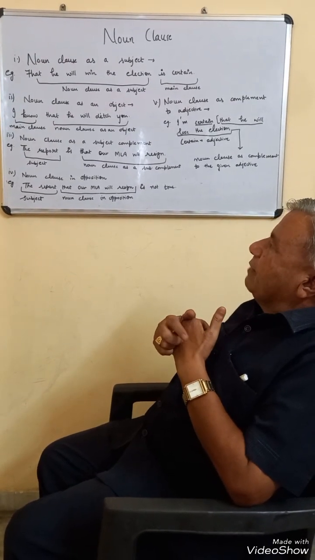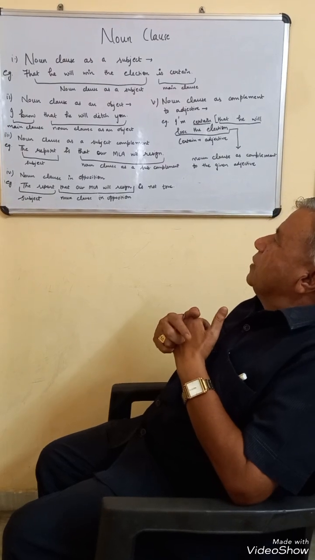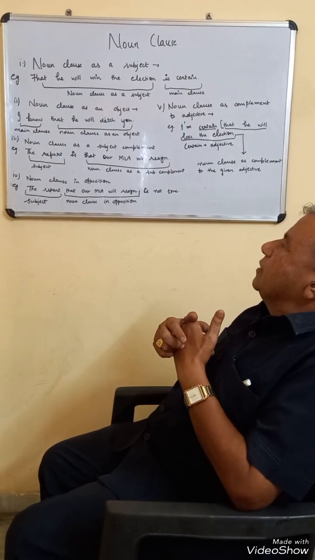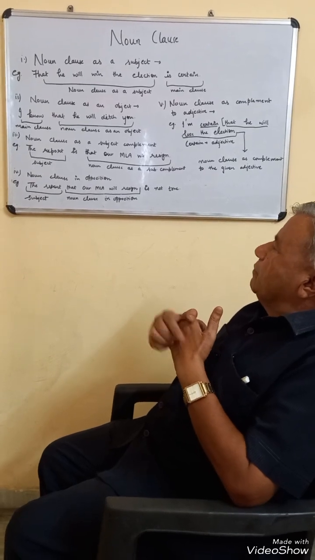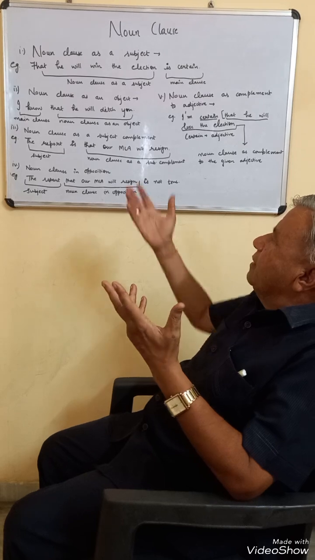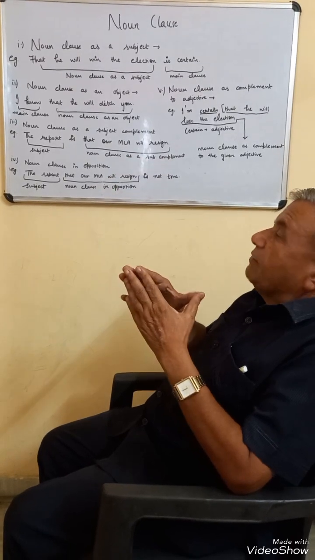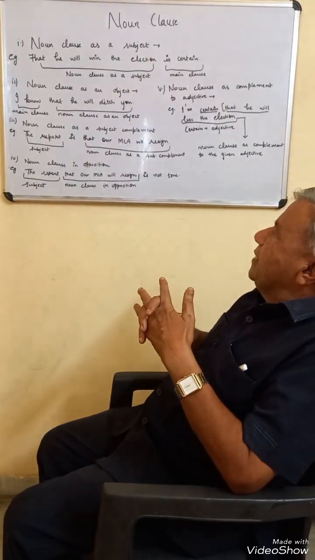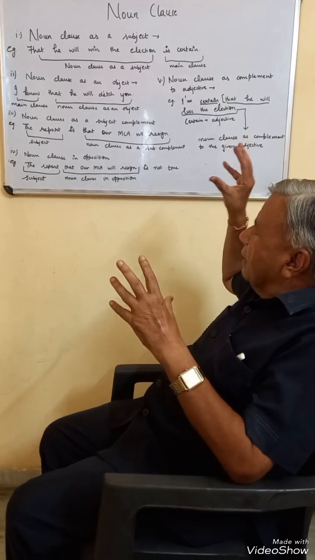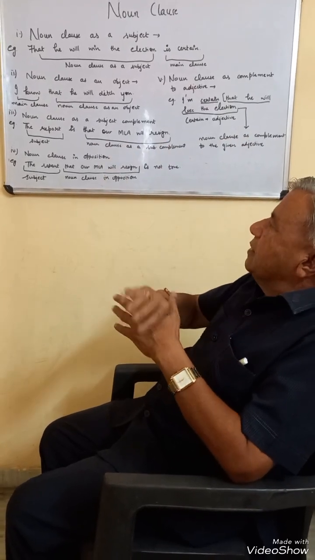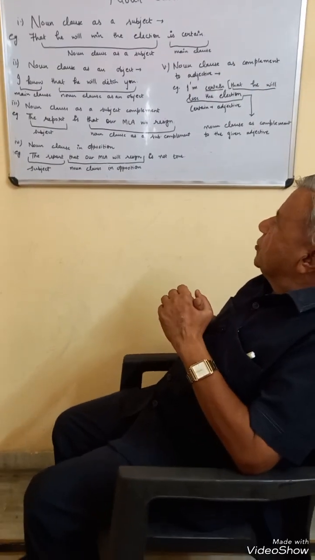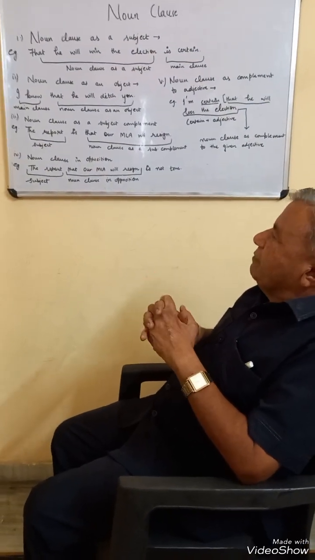We understand the meaning of report through this noun clause, which is in the form of a complement to the subject. The report, we do not know what report. This is explained by this noun clause that our MLA will resign, and in this construction it is a complement to the subject. So the third function of a noun clause is that it functions as a subject complement.